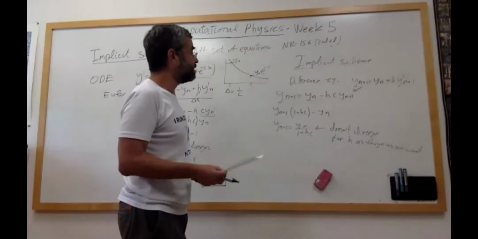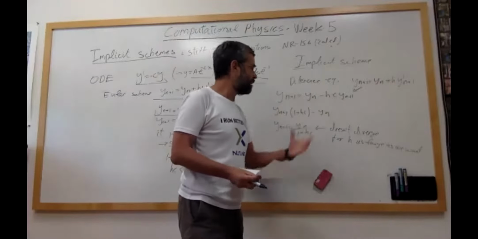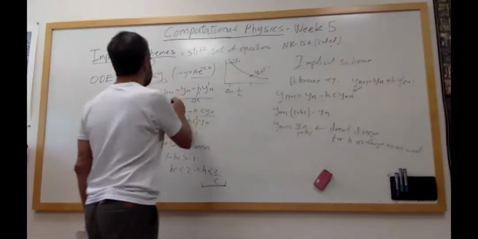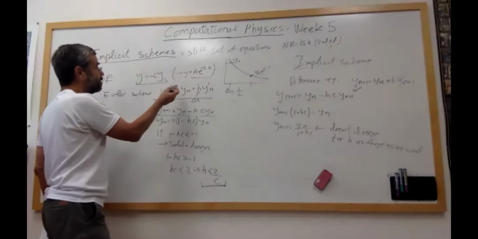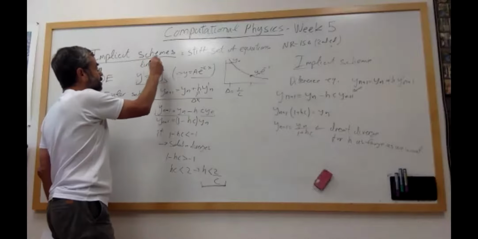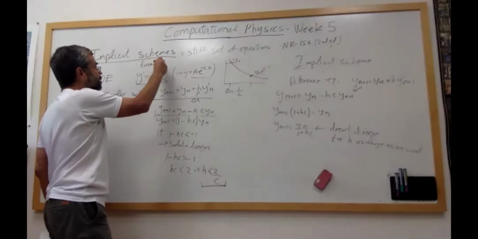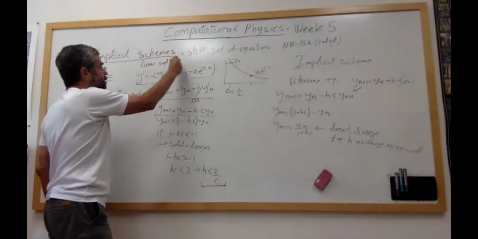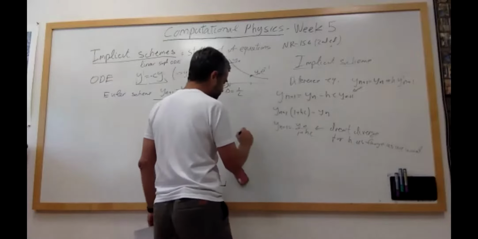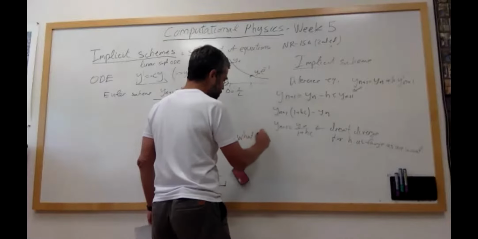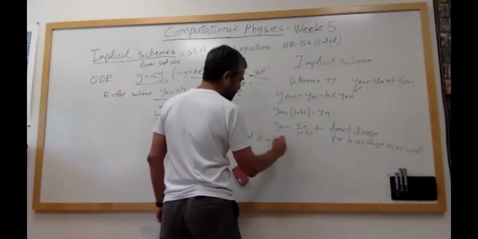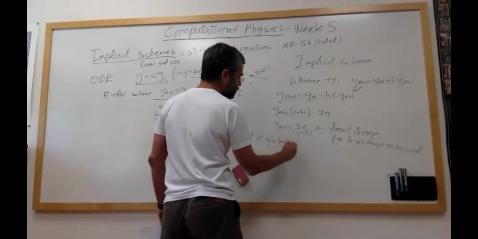So why is it called implicit? Because so far we had this very simple ODE, which is just linear. But what if, for example, y dash is sine y?